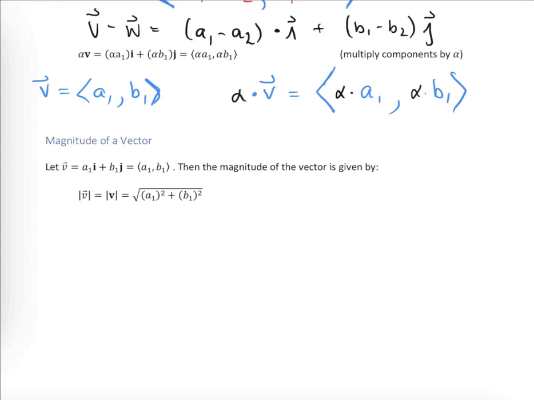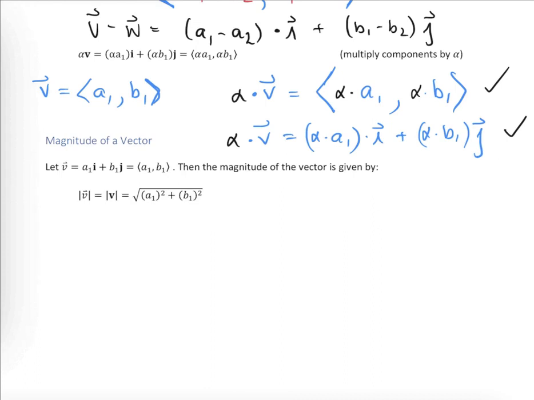And again, if we wanted to write this vector in component form instead of position vector form, pointy brackets being position vector, then we would say this is going to look like alpha times a1 is the scalar multiple of my i vector plus alpha times b1 is the scalar multiple of my j vector. So here we have position vector form and component form of that same scalar multiple of v.